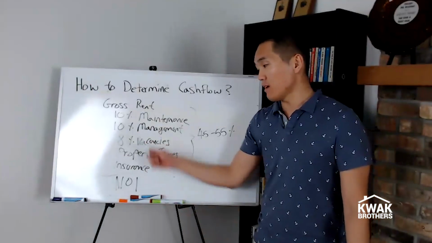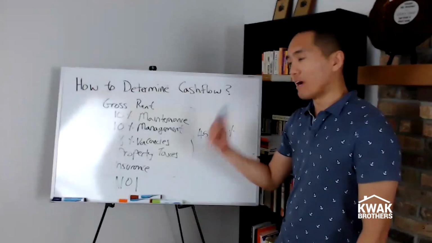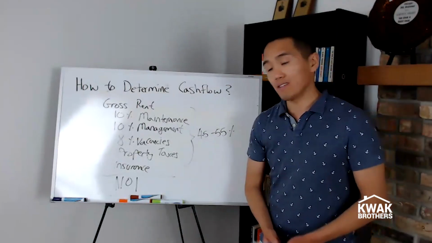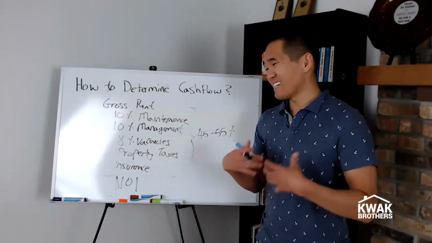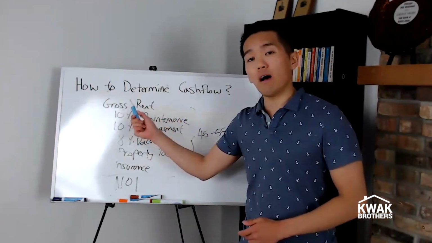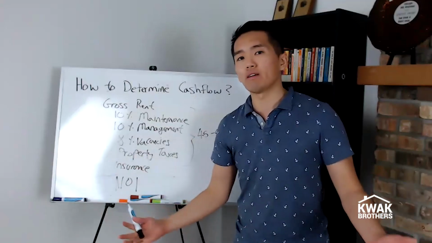It depends on different underlying factors. But what I notice on a consistent rate, I notice that anywhere between 45 to 55% is expenses. If you see anything higher than the 55% expenses, I typically see that as a red flag, or I may see that the gross rent might be really low compared to what the market is asking for.